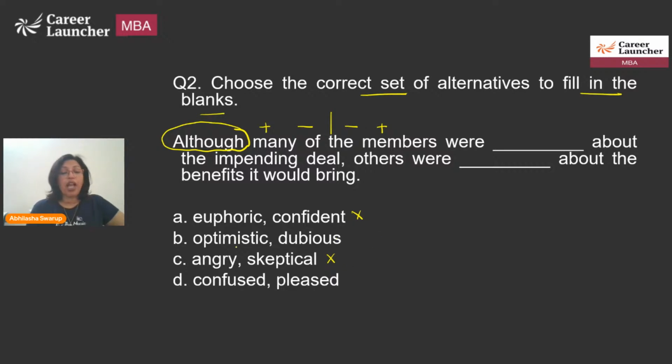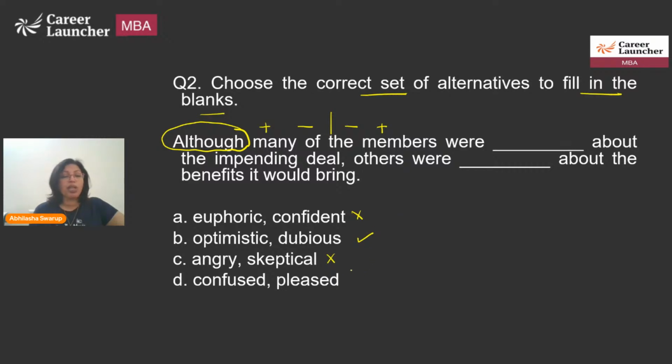So, I am now looking at my other two choices. Although many of the members were optimistic about the impending deal, others were dubious about the benefits it would bring. Okay, that sounds good. Let me look at the other one also. Although many of the members were confused about the impending deal, others were pleased about the benefits.